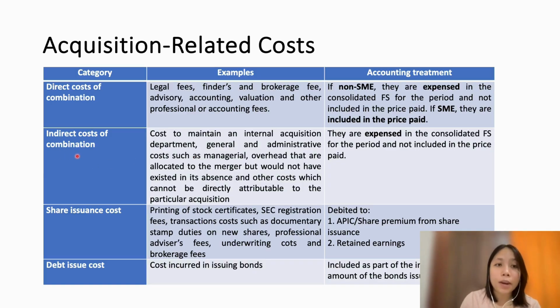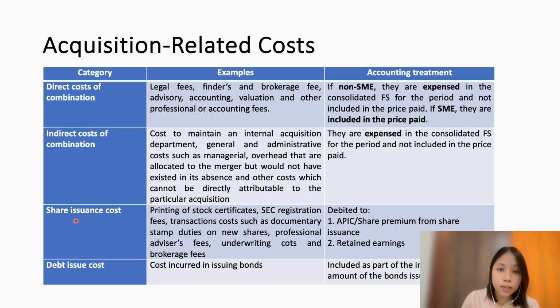Indirect costs of combination, which include costs to maintain an internal acquisition department, general and administrative costs, overhead costs, and other costs which cannot be directly attributable to the particular acquisition, are expensed outright.